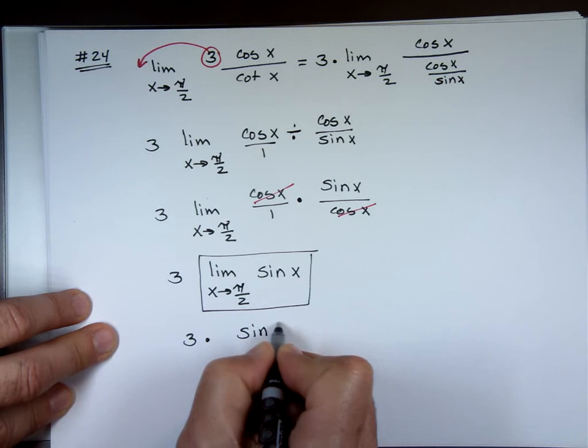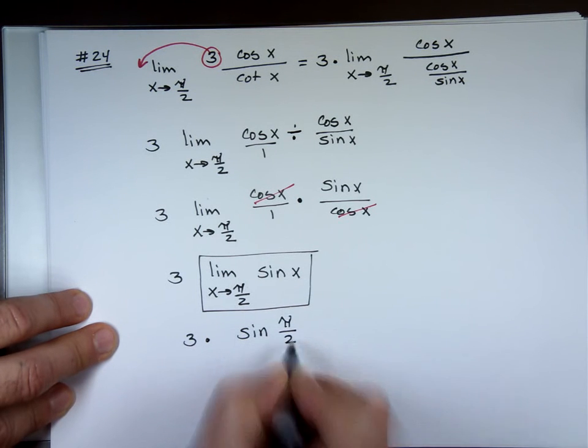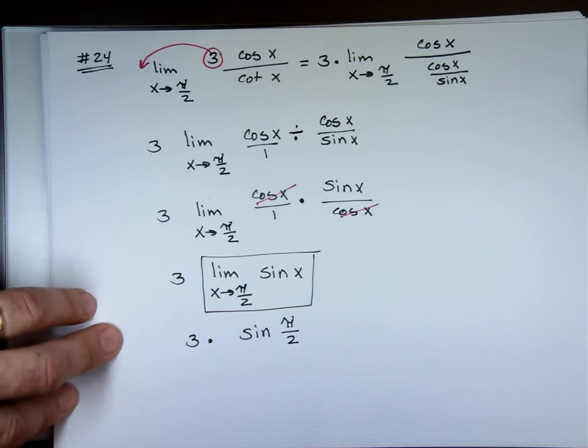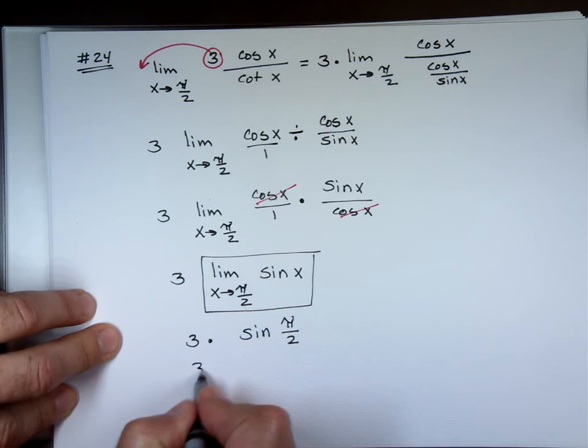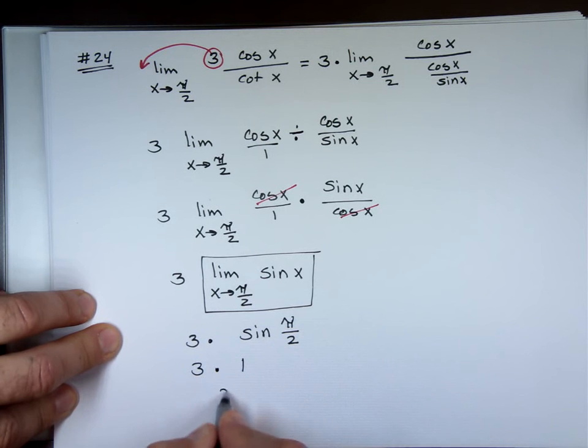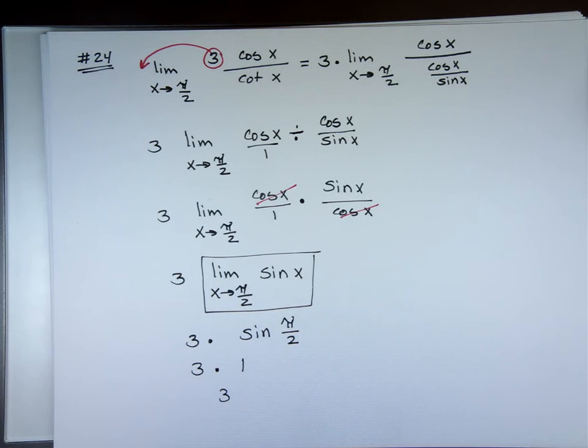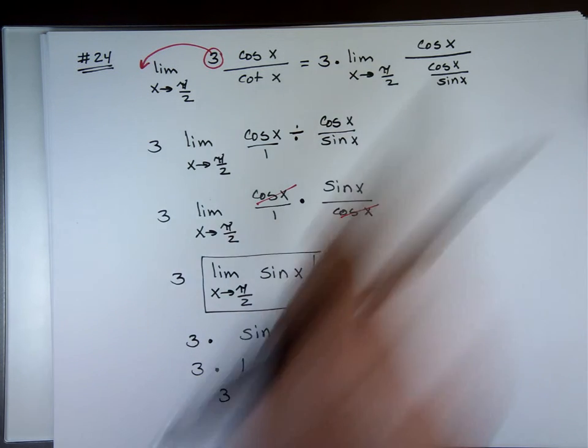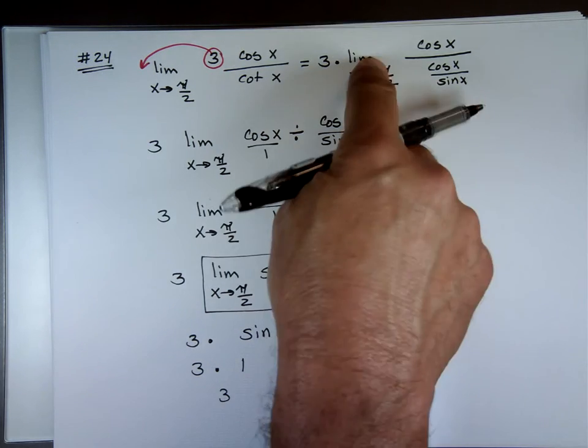And if you have your unit circle, sine pi over 2 is equal to what? 1. 3 times the 1, which is what? 3. So we just played with the algebra, tried to simplify that. And when you simplify it, that's equal to sine of x. All of this is equal to sine of x. So the limit of this is the same as the limit of this.